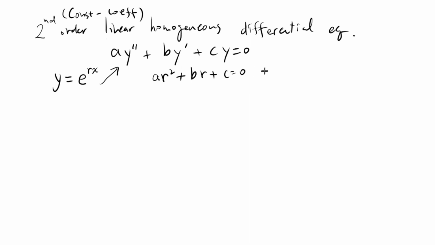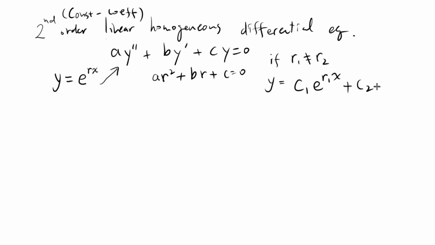It has two solutions. When r is a complex number, or if the solutions are equal to each other, then the solutions become more complicated. But at least if r1 and r2 are different, then the general solution of y would be c1 times e to the r1 x, because the solution is e to the rx, so we replace r by r1, which satisfies this equation.